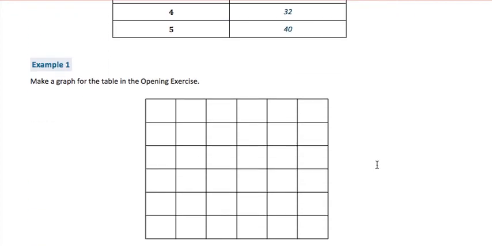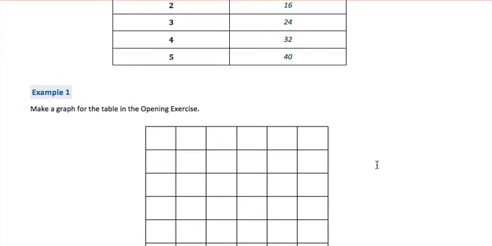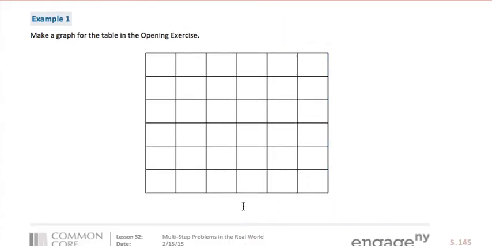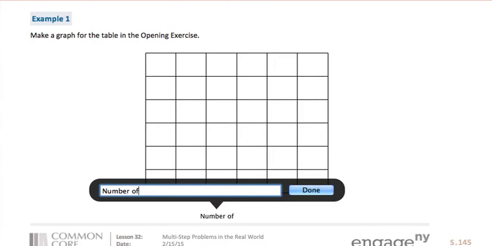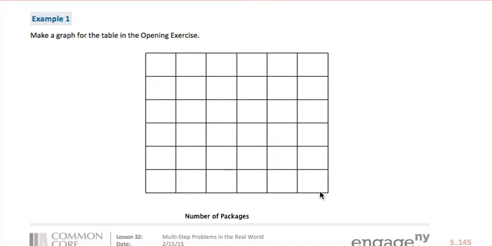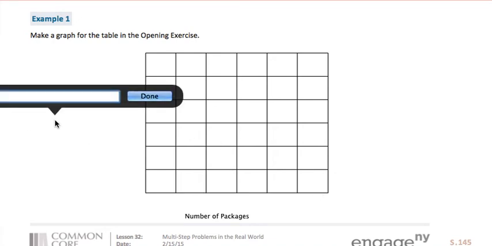Now in example 1, we're going to take that information and we're going to graph it. So in this graph, we need to graph our independent variable on the x-axis. So this will be our number of packages. And our dependent variable will be on the y-axis.